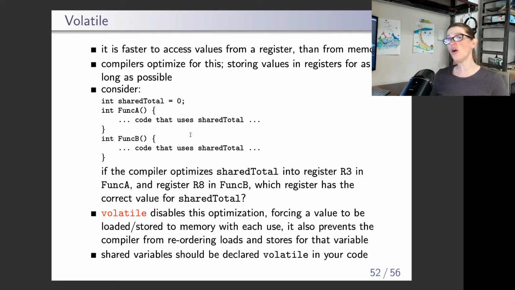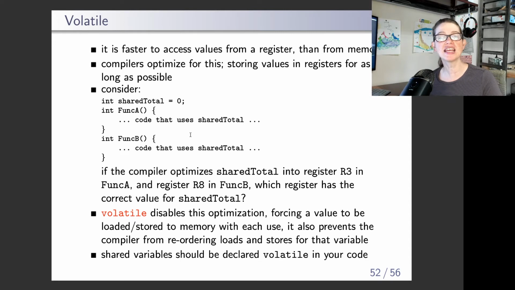So in your code, it's absolutely imperative that you make all of the shared variables volatile. And I think there are two different places you can put the keyword, by the way. Now, is that going to eliminate the race condition over shared total?